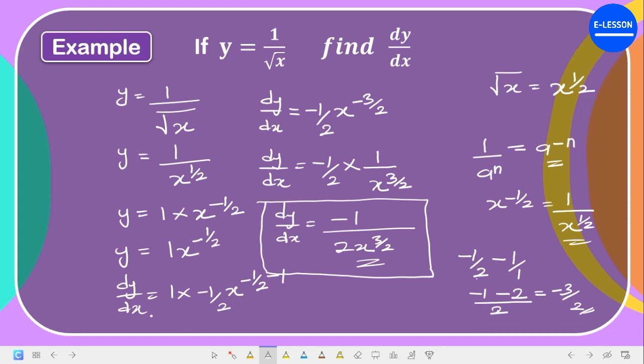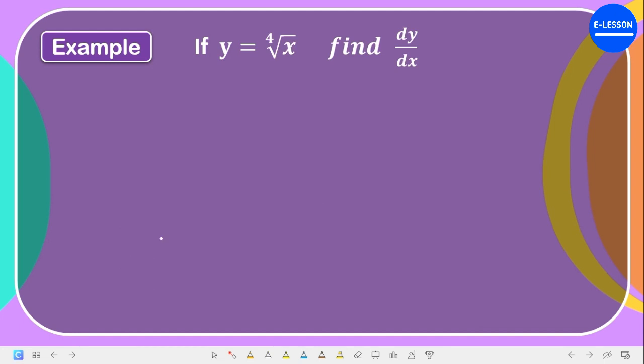Let's take another example. Now how about you are given 4 root x? Now these are two things. There is a case where you have a root n. What this means is a times root n is what?